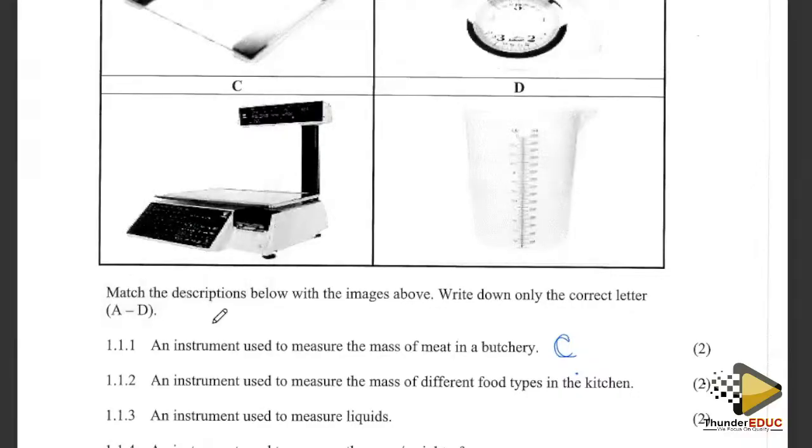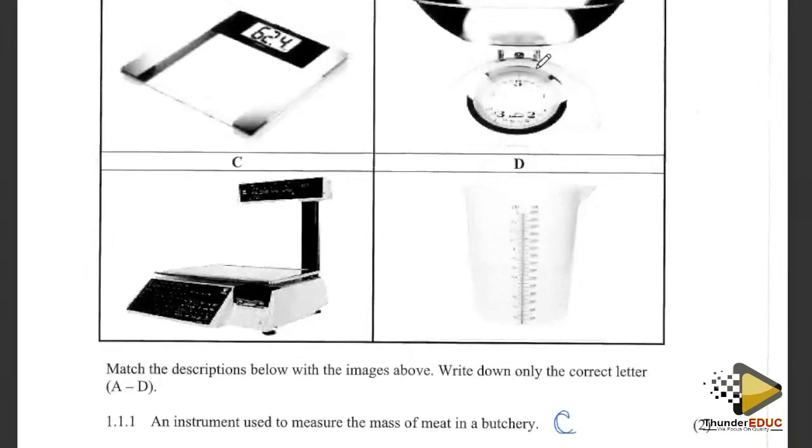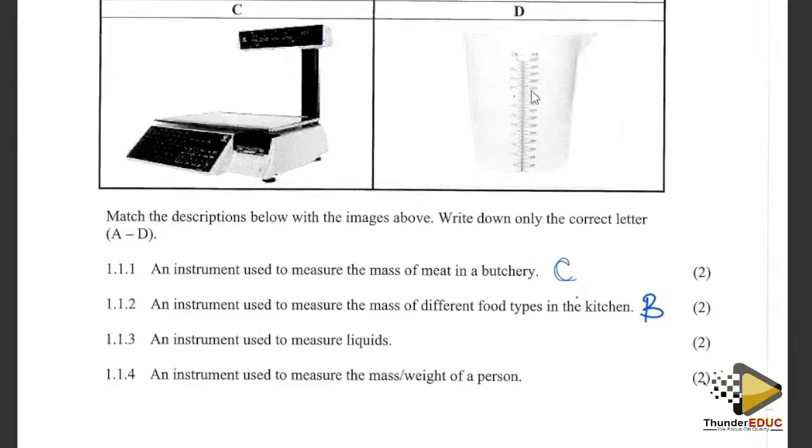All right, we go to an instrument used to measure mass of different food types in the kitchen. This had to be B. Then an instrument used to measure liquid. It's a jug, which is D. And an instrument used to measure body mass of a person.